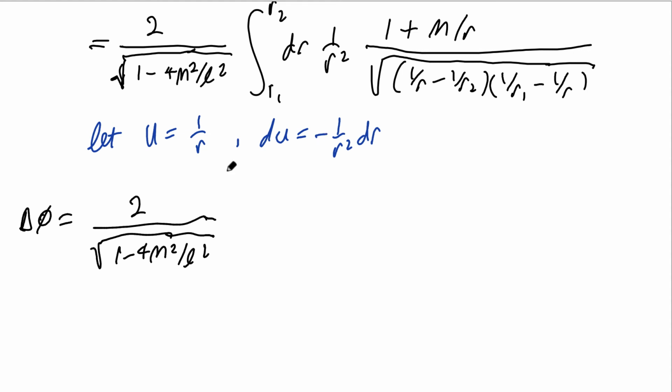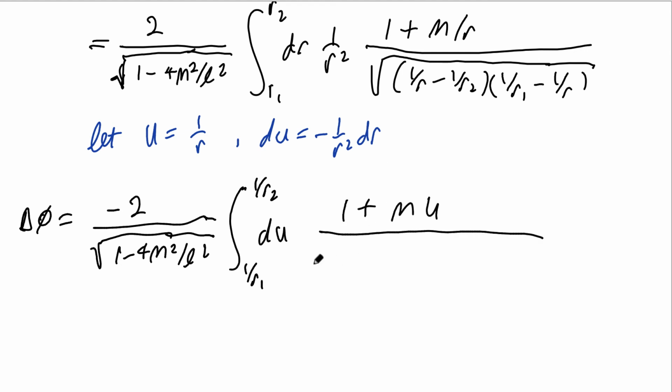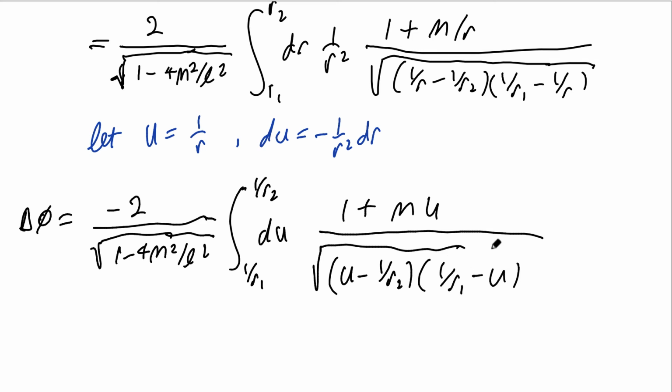There's a minus 1 from here. The integral ranges from 1 over r1 to 1 over r2 du. This factor in the numerator becomes 1 plus m times u. And the denominator is square root of u minus 1 over r2 times 1 over r1 minus u.